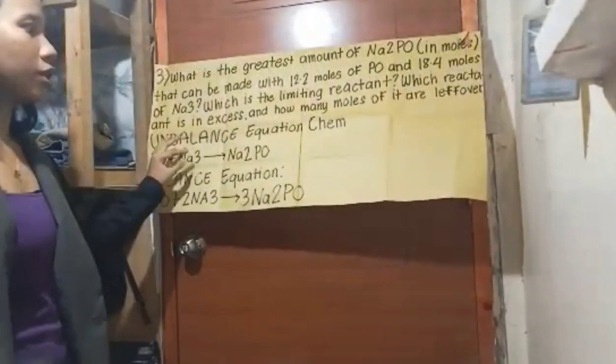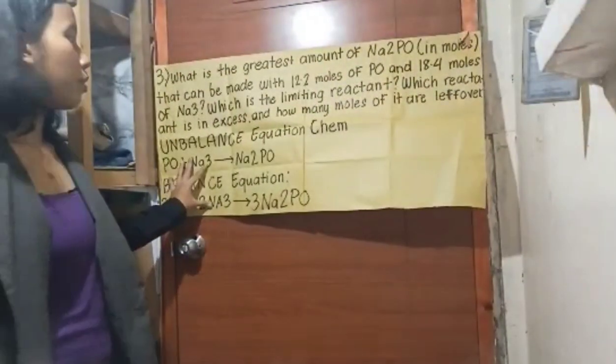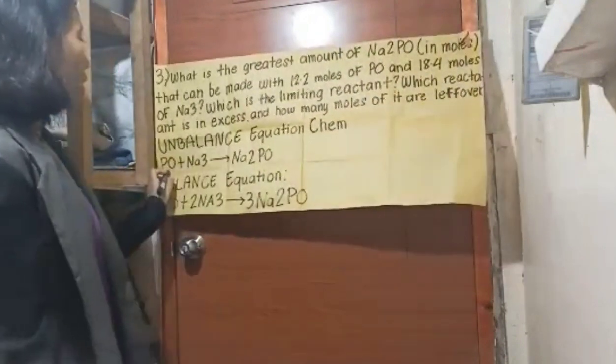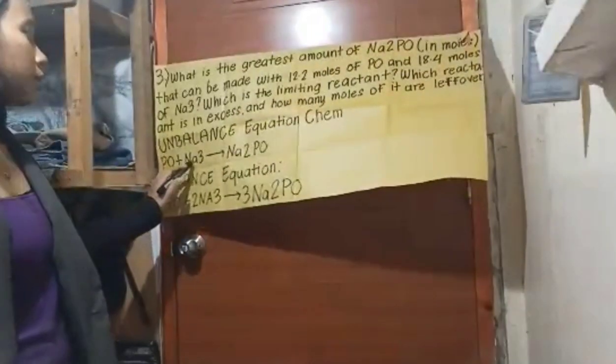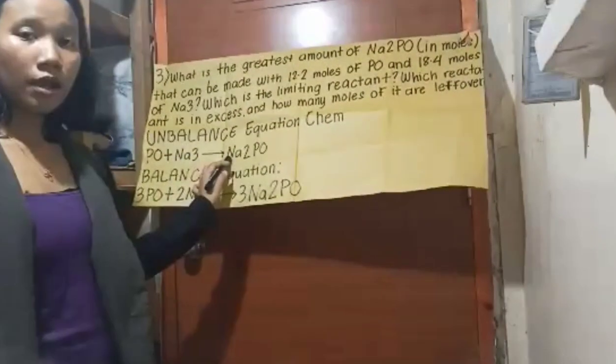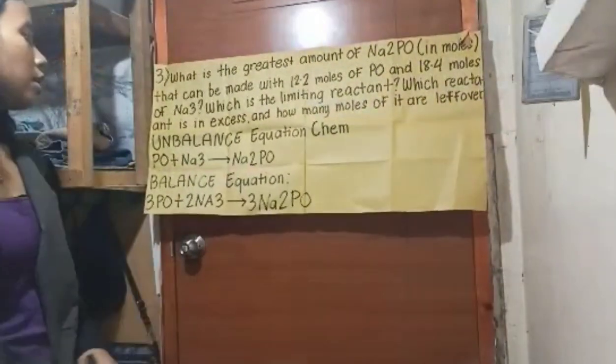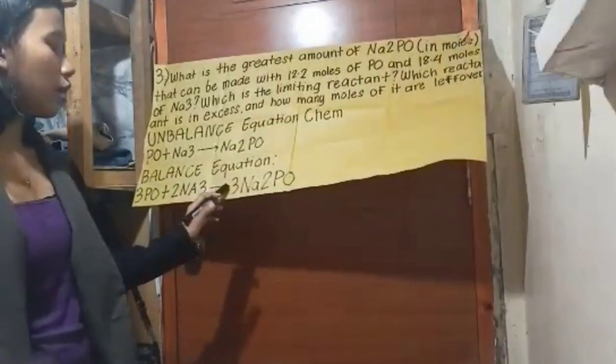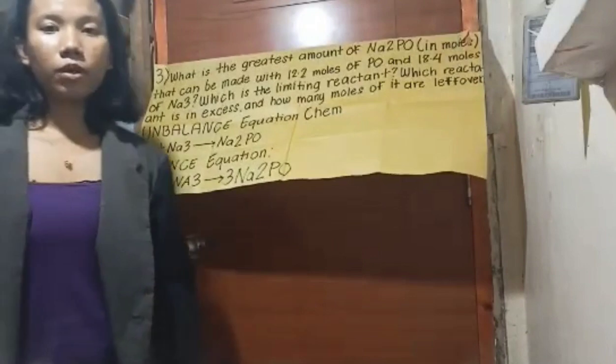So this is the formula of how to solve it. The unbalanced equation is PO, which is polonium, plus Na3, which is sodium, gives Na2PO. And the balanced equation is 3PO plus 2Na3 gives 3Na2PO.